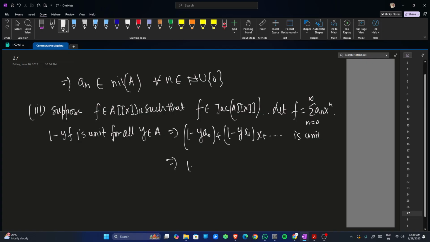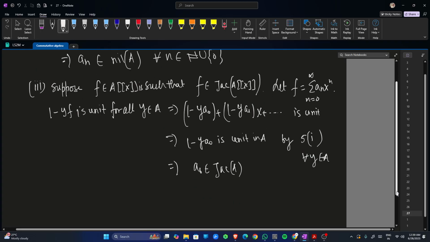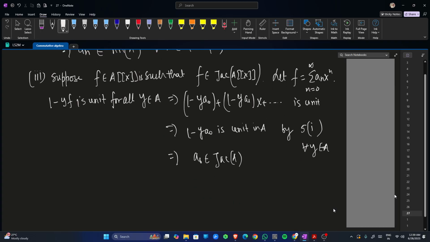This implies 1 minus y a0 is a unit in A by problem 5.1, for all y belongs to A, and this implies a0 belongs to the Jacobson radical of A. That's the if and only if condition: a is in the Jacobson radical if and only if 1 minus ya is a unit for all y. So that's all.